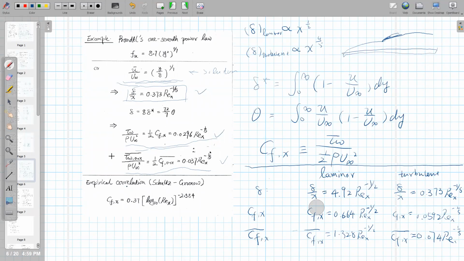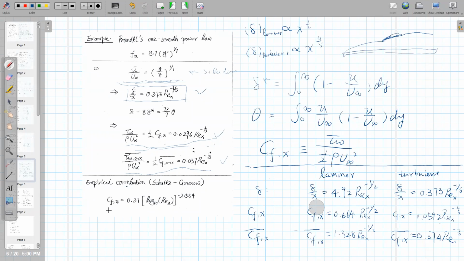And remember that the correlations you got here, these three equations, are based on Prandtl's 1/7 power law. This law is simple, so that we can easily derive these correlations for the boundary layer and friction factor on the turbulent boundary layer, but it's not very accurate. To get very accurate results, you have some empirical correlations.